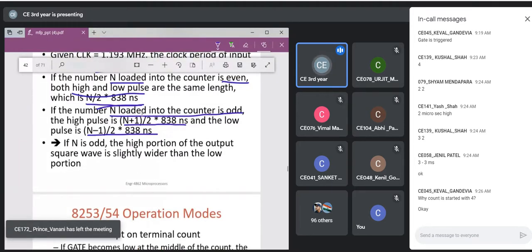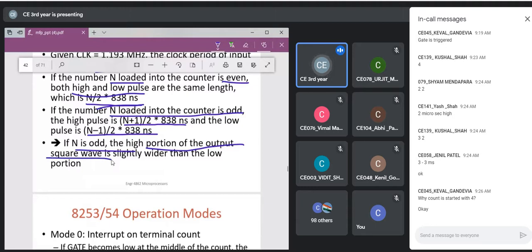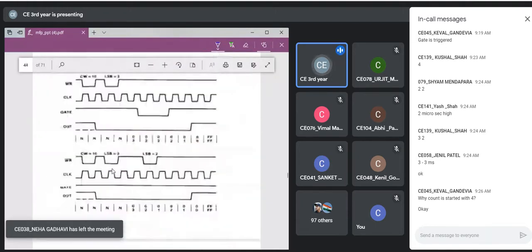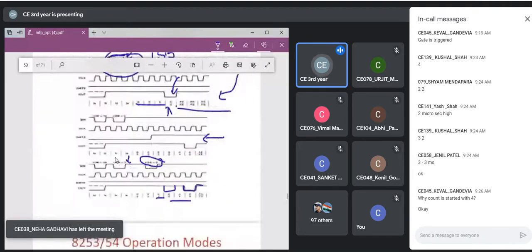You can see, 5 plus 1 by 2 is 3, and 5 minus 1 by 2 is 2 periods low. So what if n is odd? The high portion of the output will be slightly wider than the low portion. That is all about mode 3.